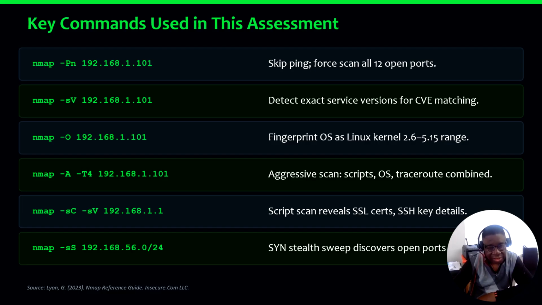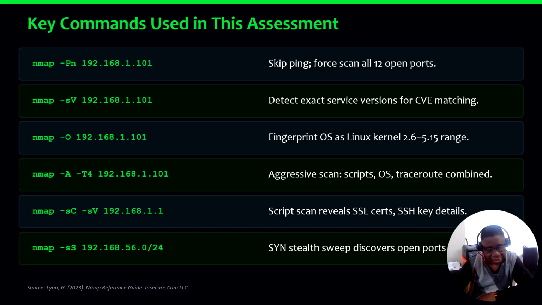The key commands used in this assignment: nmap -Pn 192.168.1.101 skips ping, forcing a scan, and finds 12 open ports. nmap -sV 192.168.1.101 detects service versions for CVE matching. nmap -O 192.168.1.101 fingerprints the operating system as Linux kernel 2.6 to 5.15 range.